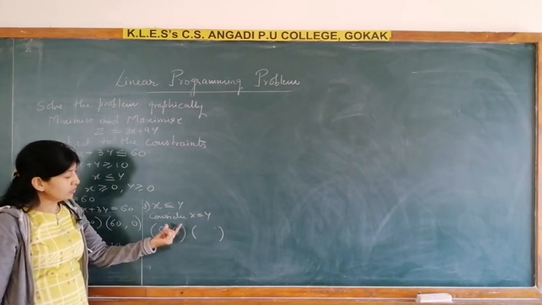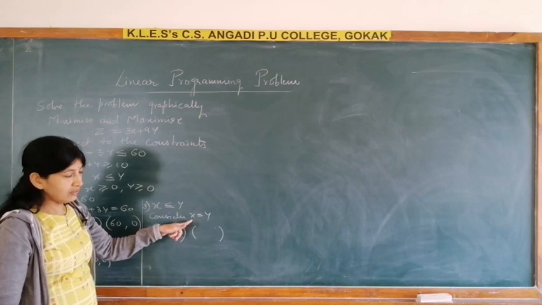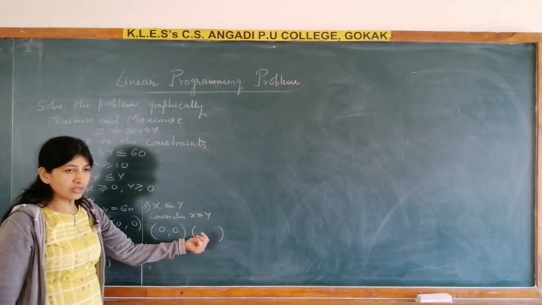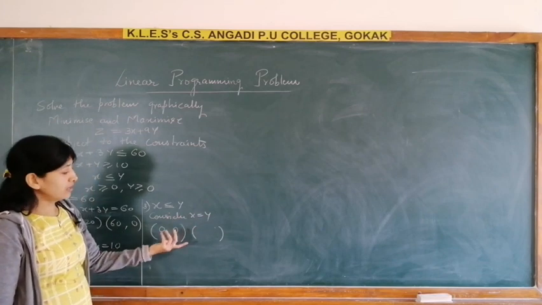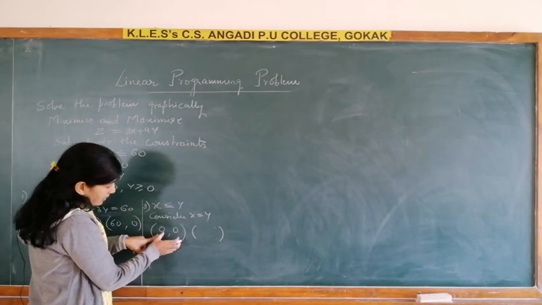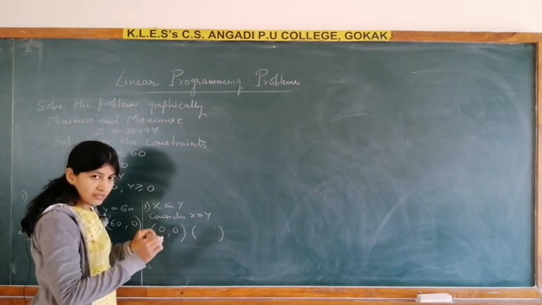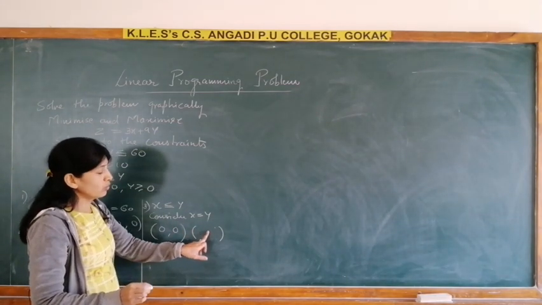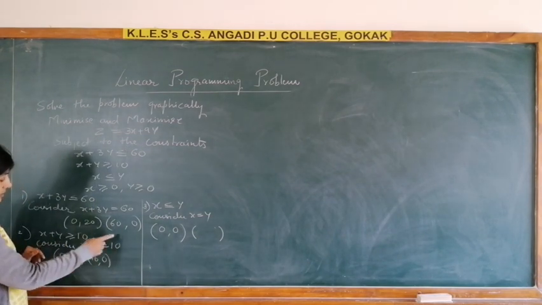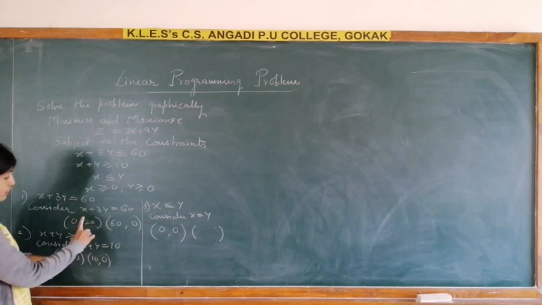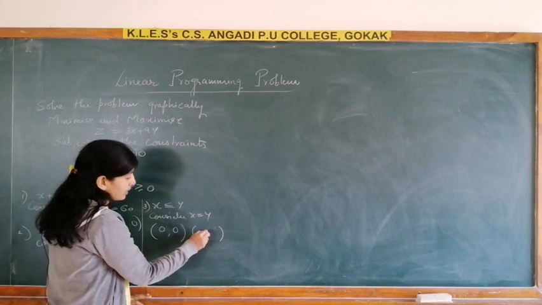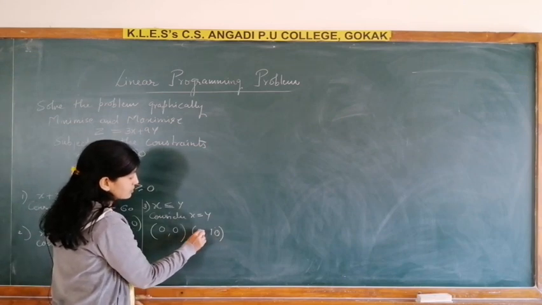But we know that to draw a straight line we need two different points. If it is 0, 0 and here also 0, 0, how can we draw the line? So when you get such a situation where both the coordinates are 0, 0, at that time you take your own values of y. For that you just see the numbers here. You are getting numbers in terms of 10, 20, 60 like this. So take a double digit. When y is 10, x is also 10.